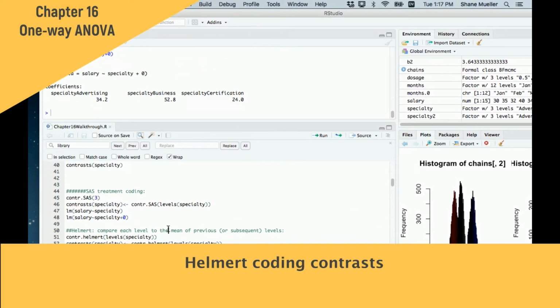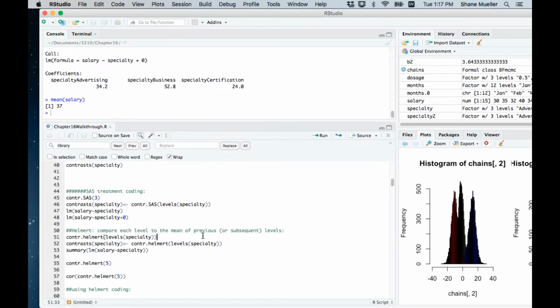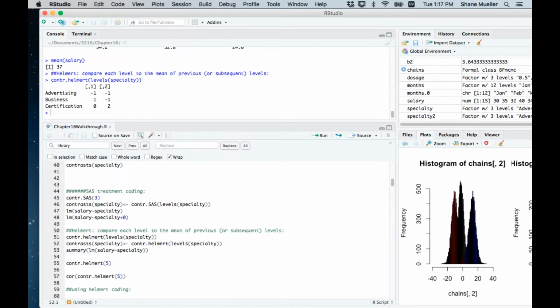There are other ways. Helmert is another popular one. I think I read that this is maybe reverse Helmert coding instead of true Helmert coding that R uses, but Helmert coding, let's see, if we look at the mean of salary, it's 37. Let's just keep that in mind. So Helmert coding is a little weird, but it allows us to see where things start changing.